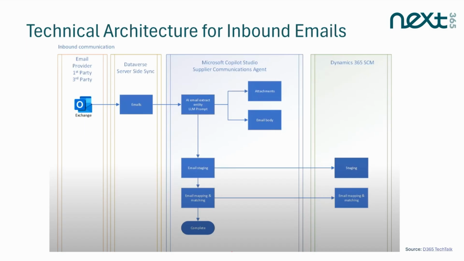So here's an overall view of the technical architecture for inbound emails. Again, first party, meaning Exchange, or third party email providers, it doesn't matter. When you talk about the Dataverse server-side sync, that is Power Automate and having flows that pull in your email and put it into the Dataverse so that Copilot Studio has access to it. Copilot Studio, again, is running within Dataverse.